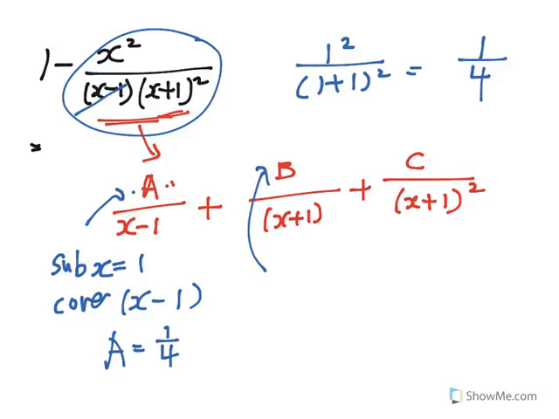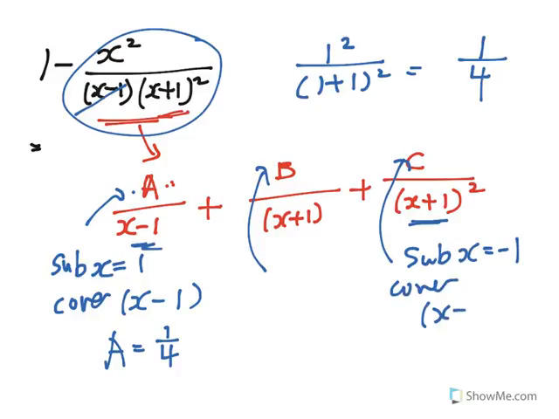How about b? To find b, we can't use the cover-up rule. We can use cover-up to find c. Remember that we can only use the cover-up rule for distinct linear factors as well as repeated linear factors of the highest order. Here this is x plus 1 squared, so we substitute x equals -1 and cover x plus 1 squared.